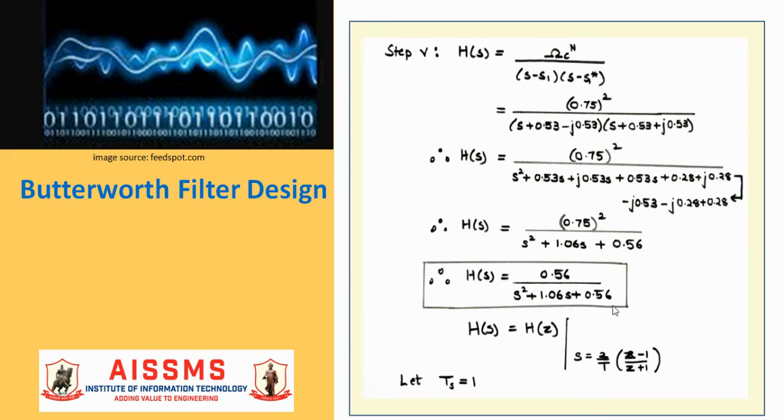And finally, we need to obtain the transfer function for the digital filter. So we use the mapping function BLT, which gives the mapping as s is equal to 2 by T into (z minus 1) upon (z plus 1).